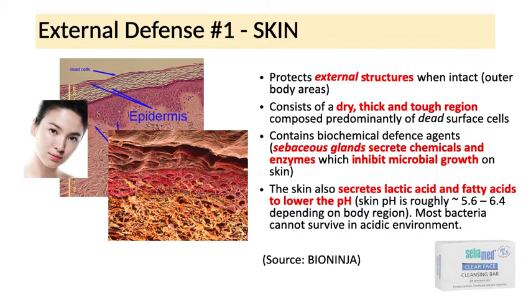So the first external defense is our skin, which is the largest organ in our body. Imagine if you calculate all the surfaces of your body covered by skin, you will get a big organ. Purposely, I put here one of the most beautiful Korean actresses. You can see that her skin looks very healthy, very fair, very smooth.